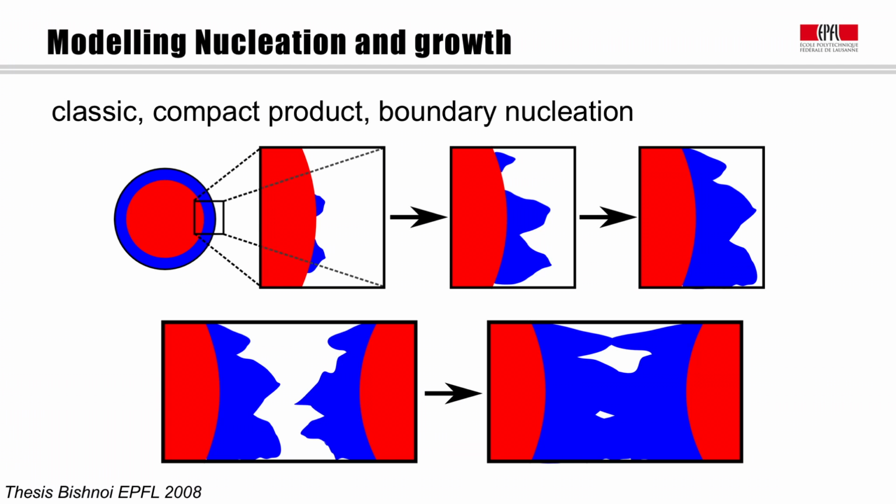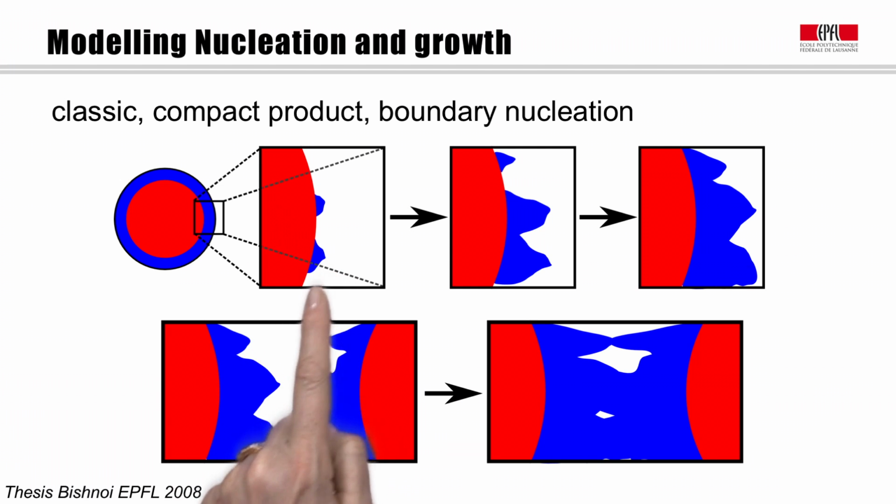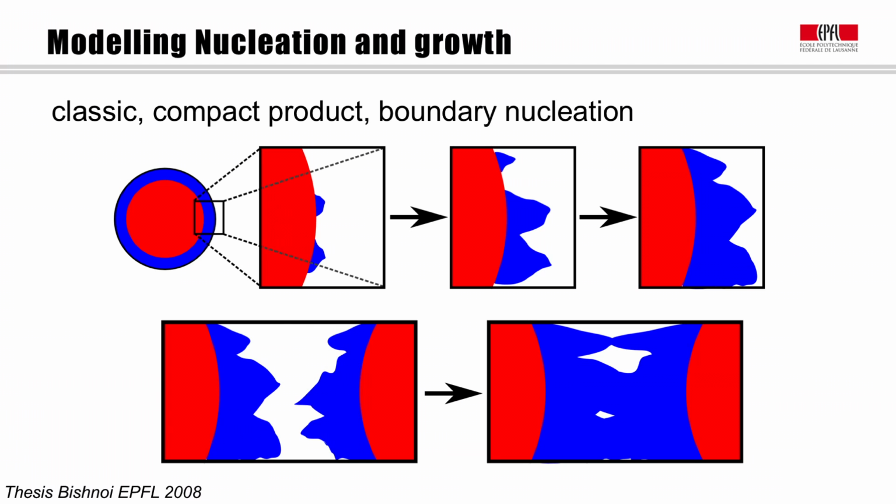So the first hypothesis we tested was this classical idea, sometimes called boundary nucleation and growth, where we have our surface, which is alite, we have the CSH growing on the surface, and the growth rate is proportional to the surface of the CSH, so that eventually growth will slow down when material from one grain impinges with the other.